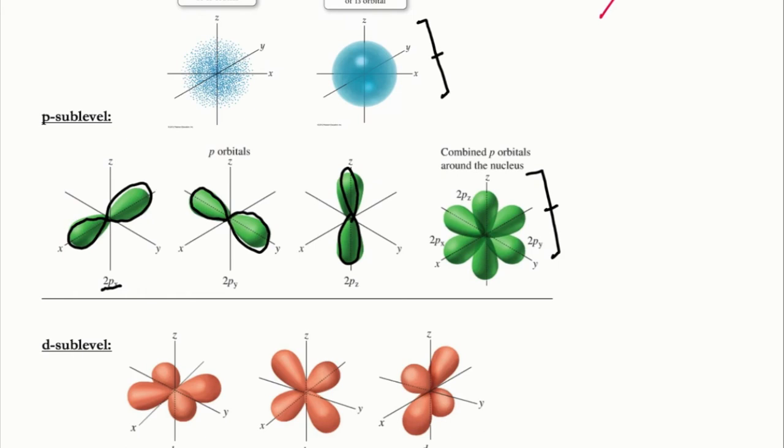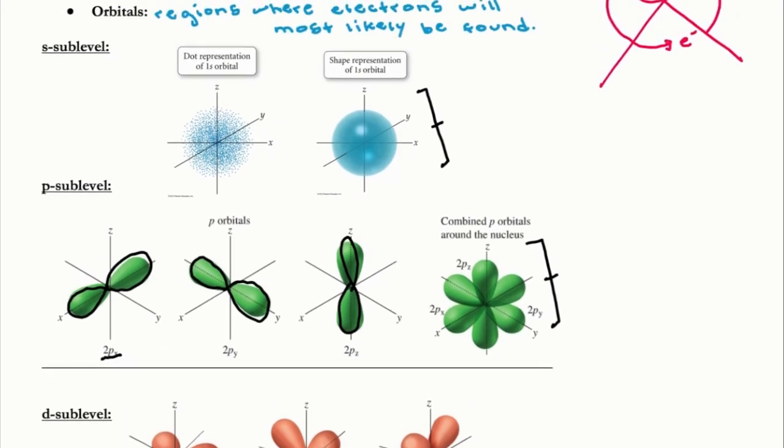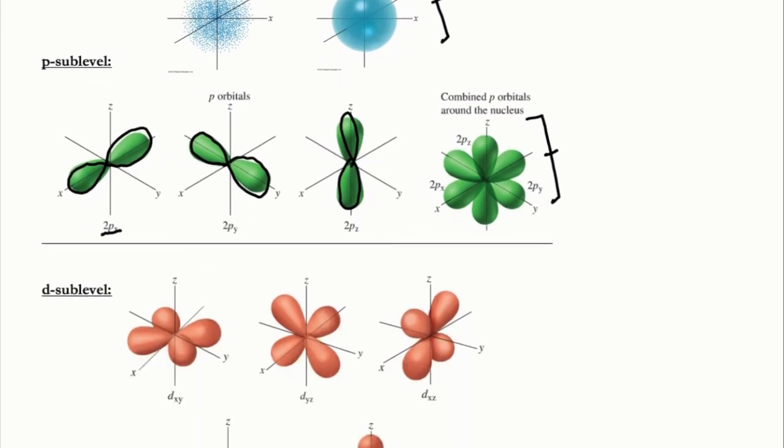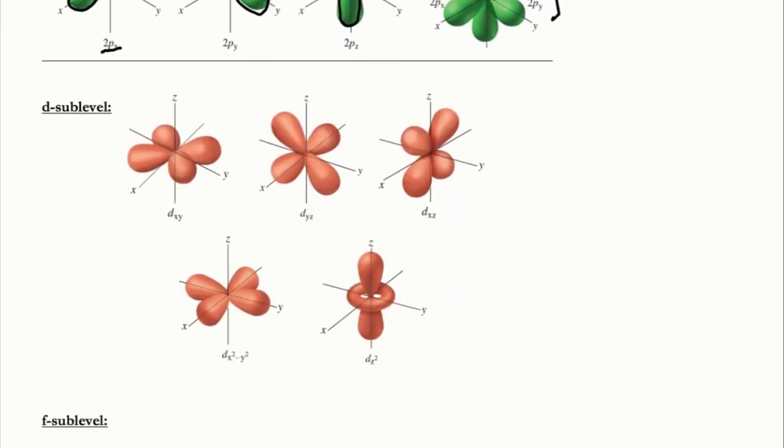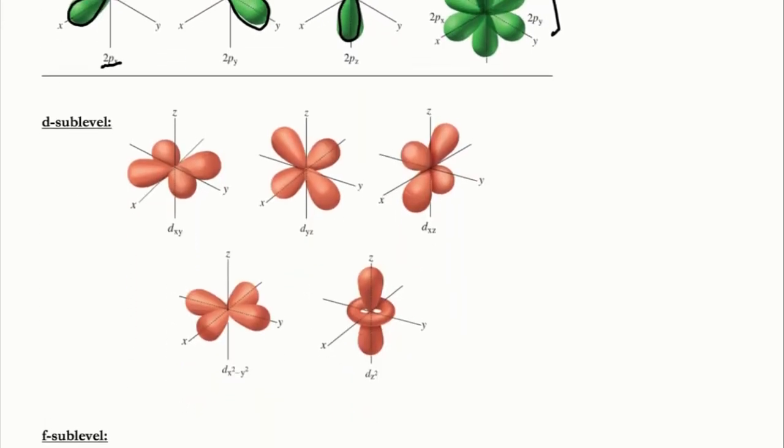Now, notice I've been using the term orbital, but in your notes it says sublevel. So the s sublevel has just one orbital, this one shape. The p sublevel has 3 orbitals, these 3 different shapes. If we go down to the d orbitals, we've got 5 different regions where electrons are likely to be found.